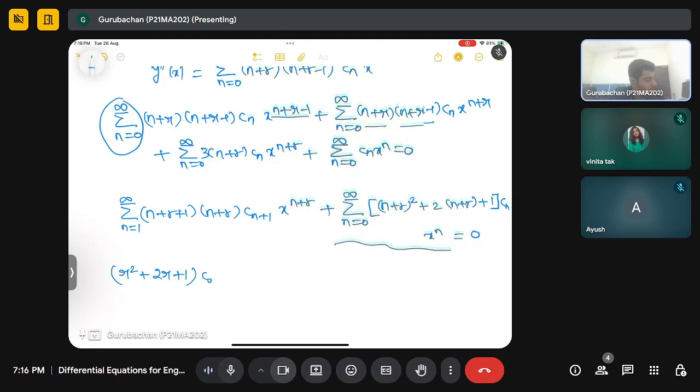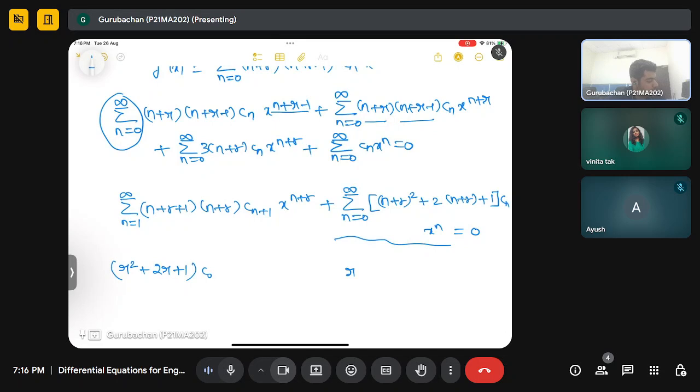If you explicitly write from the above expression, r into r minus 1 c naught, from the lower part, 3r c naught plus c naught. So this will give you r square minus r plus 3r plus 1, that is r square plus 2r plus 1 equal to 0. Again, we are coming to that step. So I think the calculation is correct.